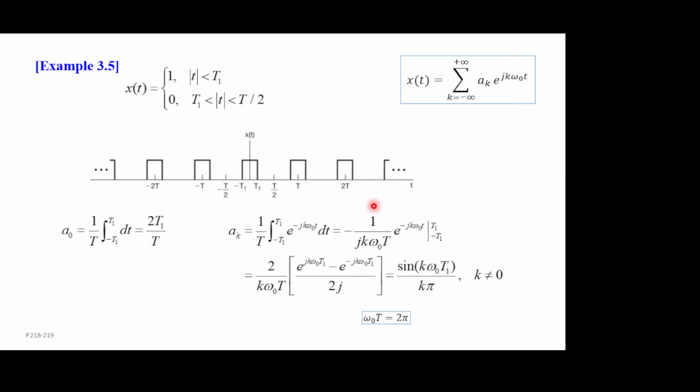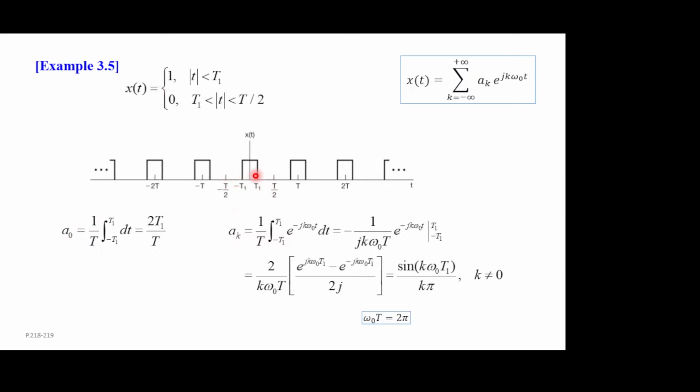And anyway, so now we use our analysis relation to calculate all the ak associated with this weird x of t. Okay. And a0 is easy. Okay. So as we said, a0 is the average of this x of t.